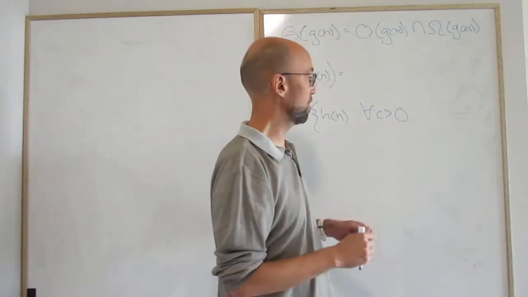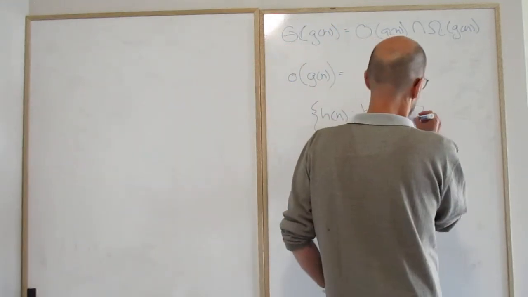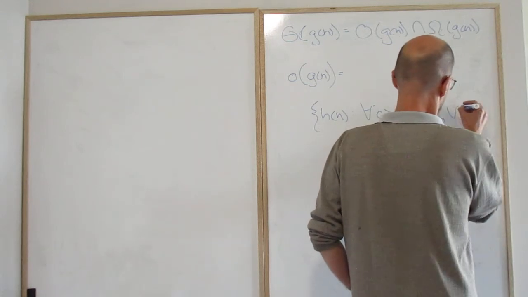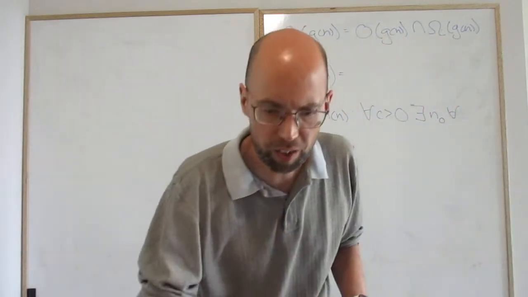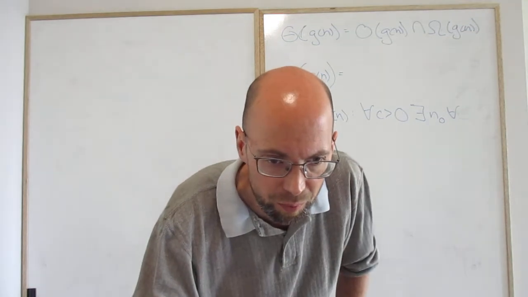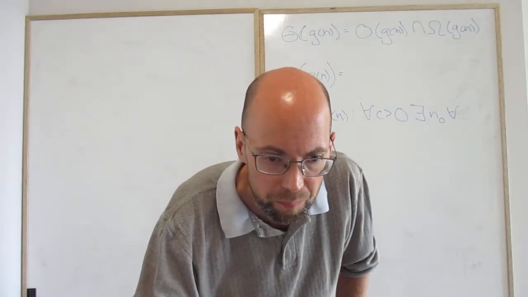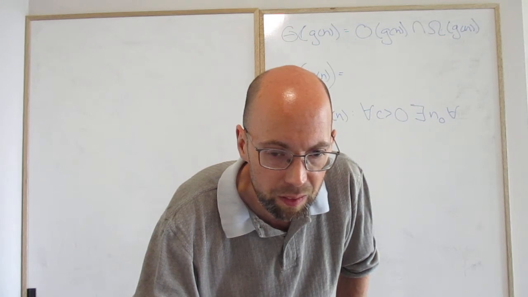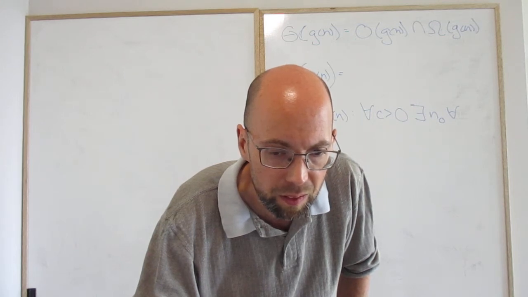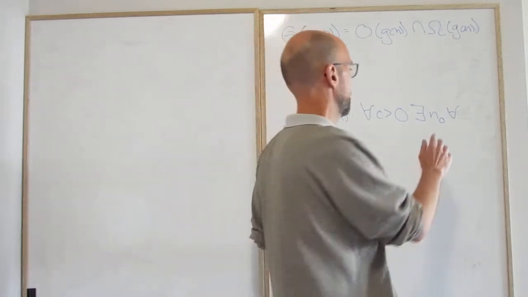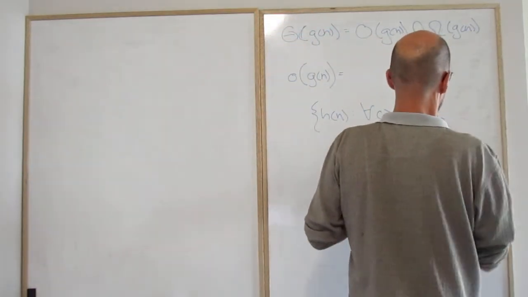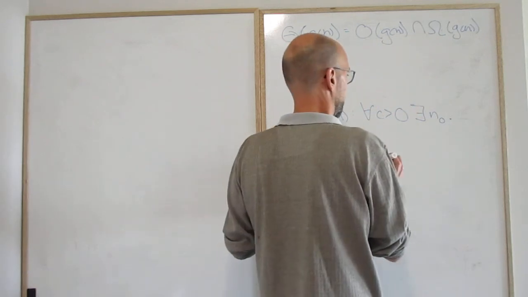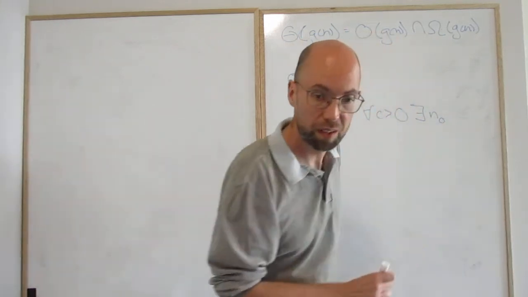For all c greater than 0, there exists an n0 such that, I should check this, because I think I didn't get this right when I wrote it up. Oh, no, yeah, I didn't need that. There exists, no, I do need.